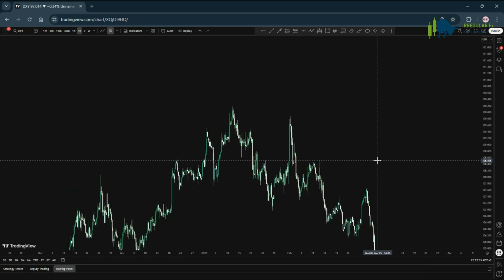From here, we had our first impulse. Then we had our first correction. We created a high, came back to create a low, which failed to break the previous low. That's where we know that now we're forming a continuation pattern.